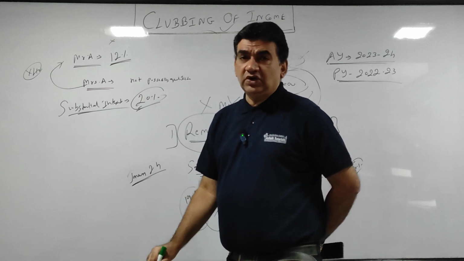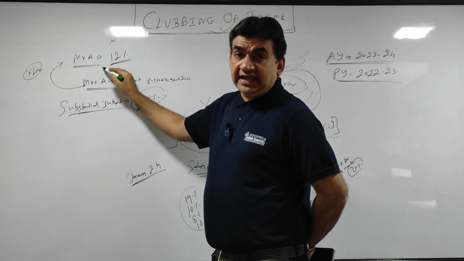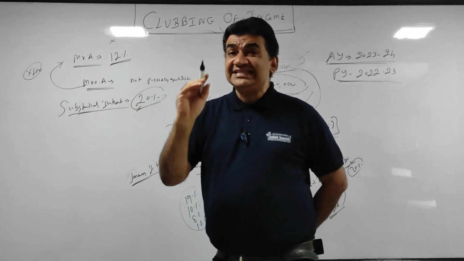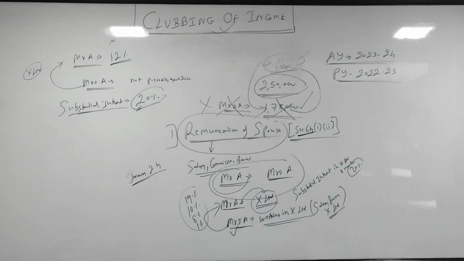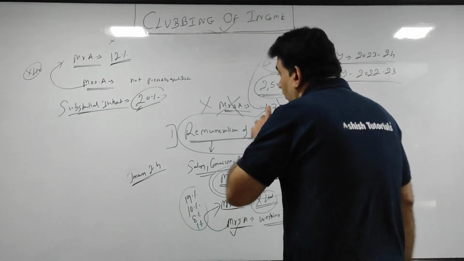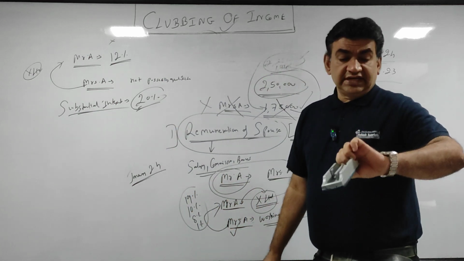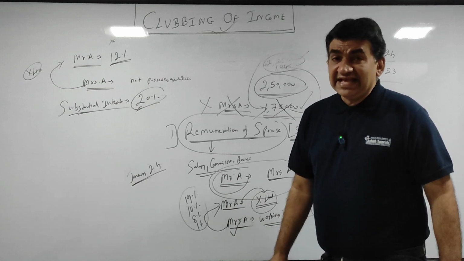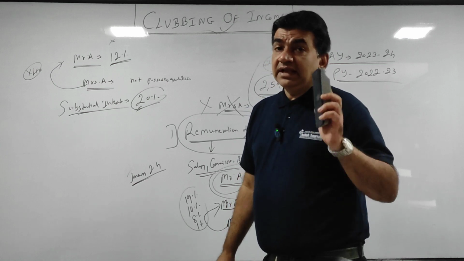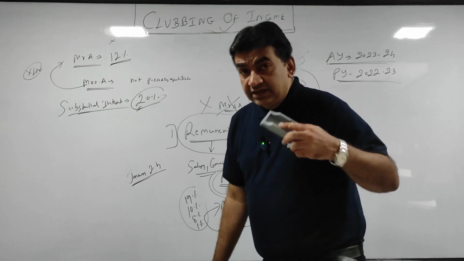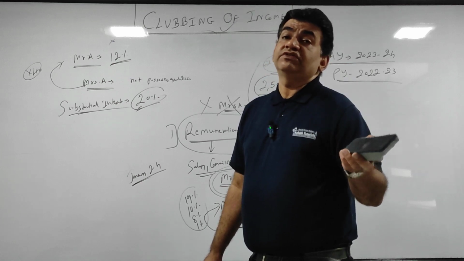Now listen what the law says. The spouse, in this case, is Mr. A. If the substantial interest of Mr. A along with his relatives, I'll tell you the definition of relatives, is 20% plus, then in that case also clubbing provision will apply.